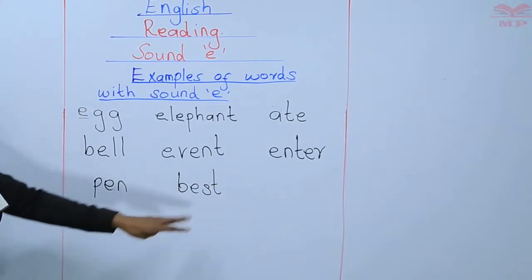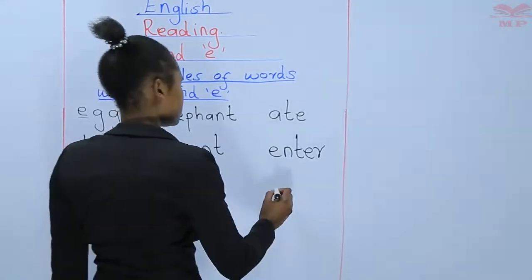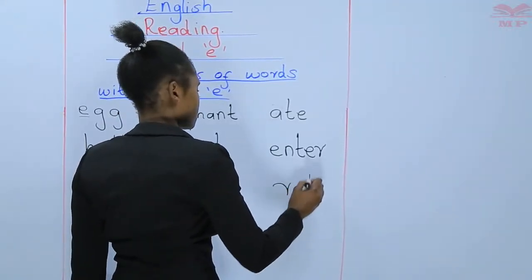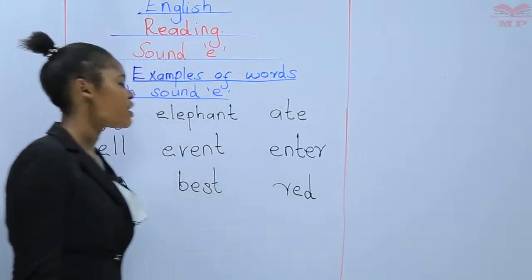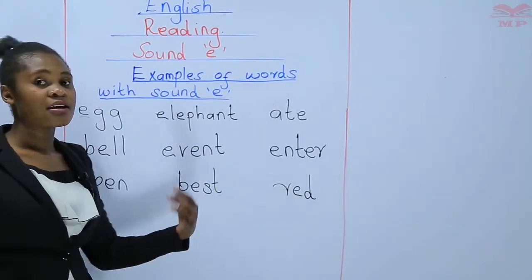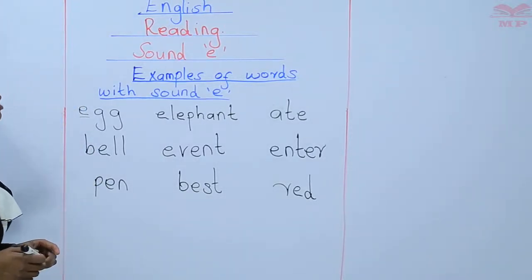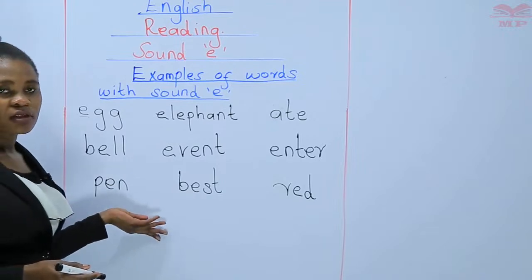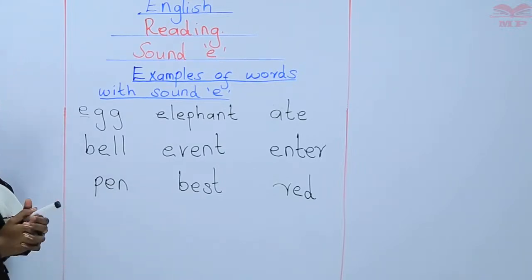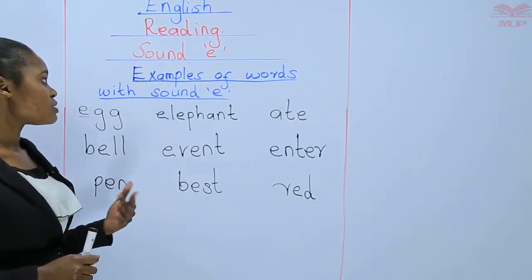The word best also has sound A. Then we have red. Red is a color and our blood is red in color. So the word red also has sound A. Now from what I have on the board, it's just a few examples of these words with sound A.